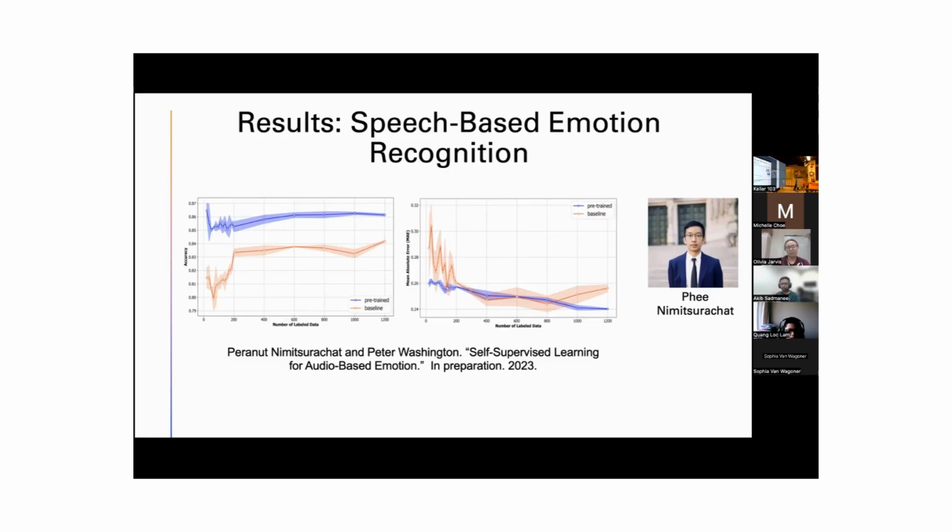So the blue line is the pre-trained model, and the orange line is the baseline model trained with regular methods. And what we find is that self-supervised learning gets better performance with just 15 labels than traditional deep learning methods do with thousands of labels. And so I think this is really promising for you on this path.